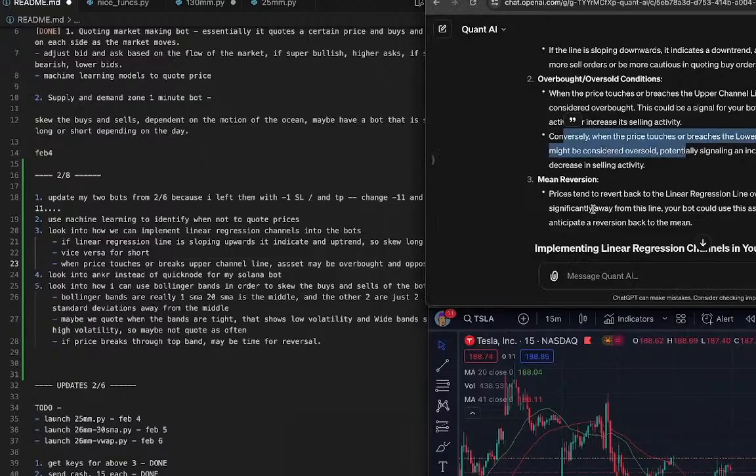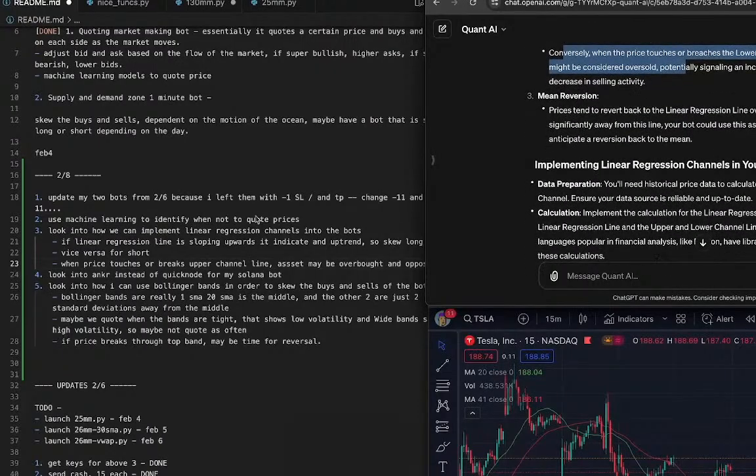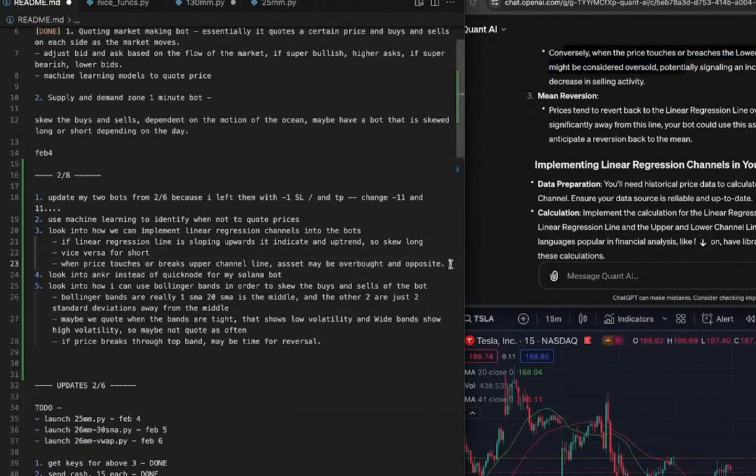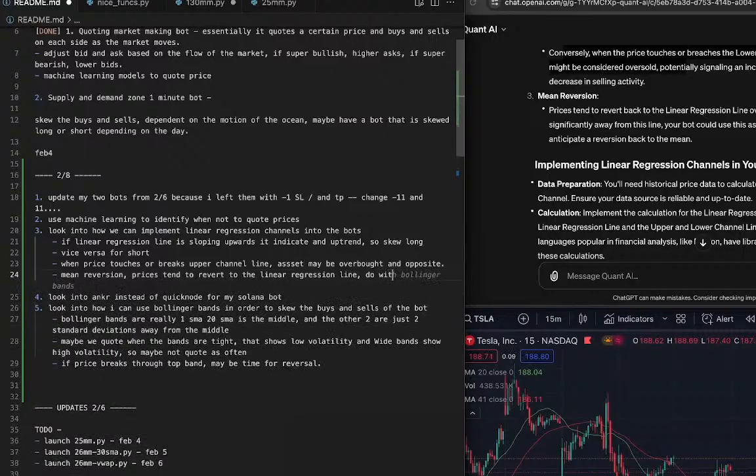Mean reversion, prices tend to revert to the linear regression line over time. Do with that what you will.